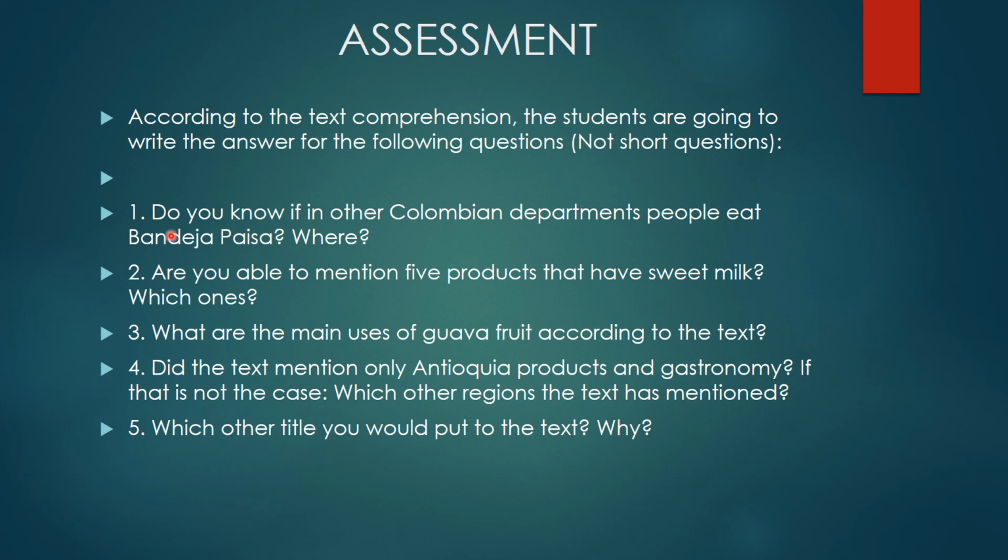For example, do you know if in other Colombian departments people live like the paisa? Where? The students shouldn't just say, for example, Caldas department. They should say, for example, in Caldas department, where people are also paisa, or another long answer. And so on in the other questions, the answers should be in the same style.